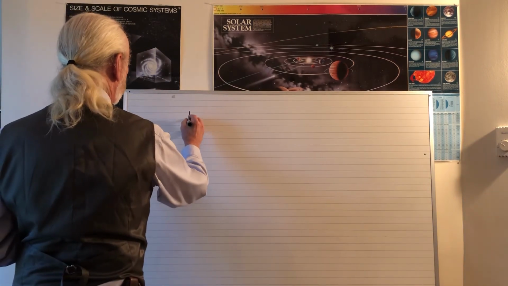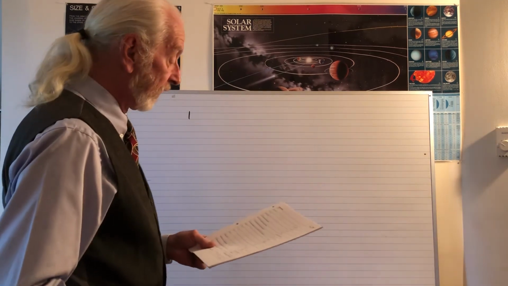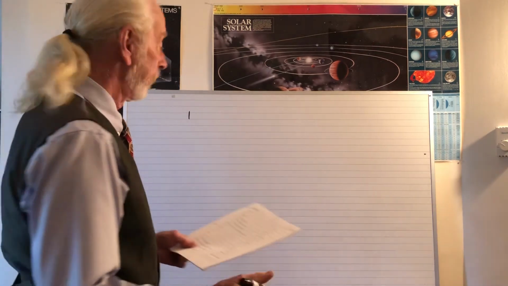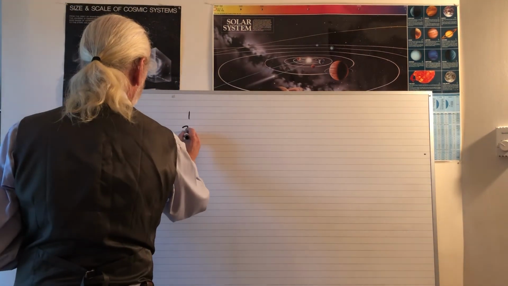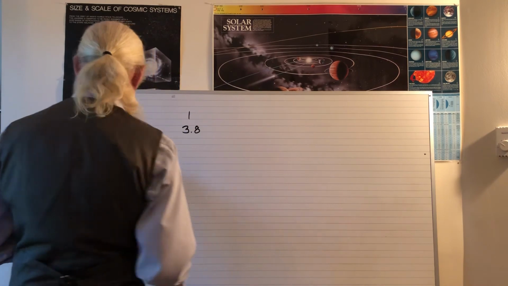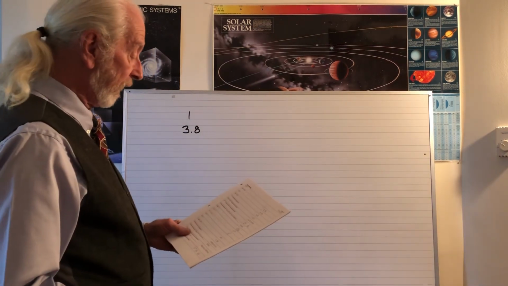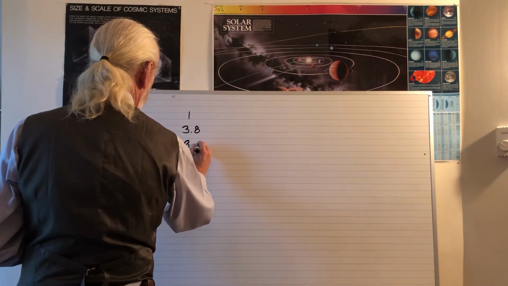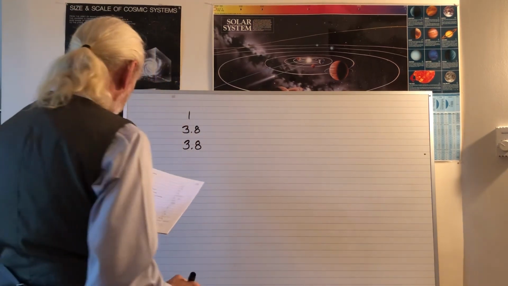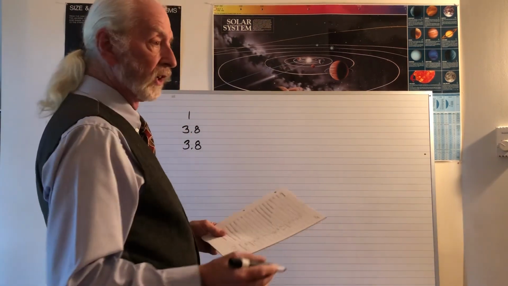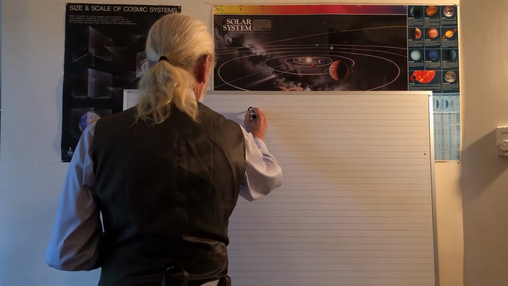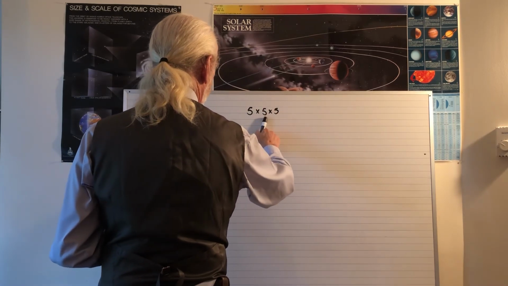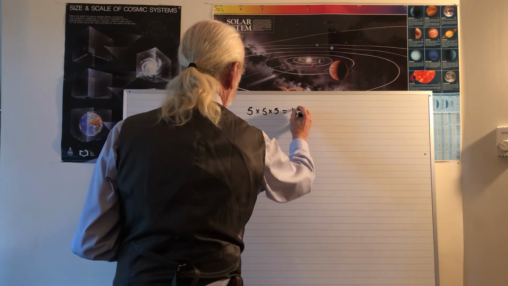That equals 1. 3.8 times 10 to the 0 power, well, that winds up being 3.8 times 1, and so the answer is 3.8. 3.8 to the first power is 3.8. 5 to the third in standard notation, that's 5 times 5 times 5. 5 times 5, 25 times 5, 125 is the answer.